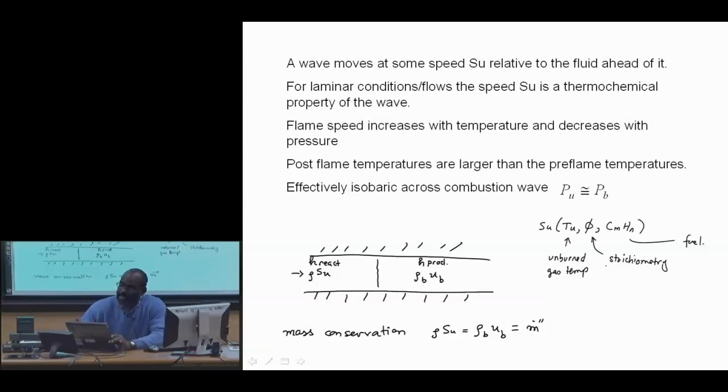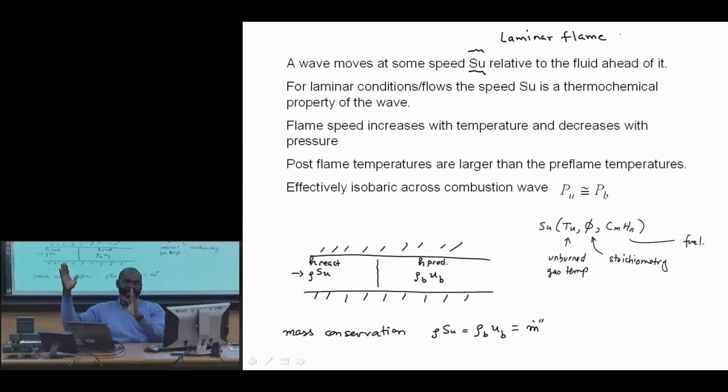Now, this laminar flame speed, this S sub u, is the speed of the front relative to the fluid ahead of it. So this is the speed at which the flame overtakes the unburned gases. So this, my right hand, is the front, my left hand is the unburnt gas.